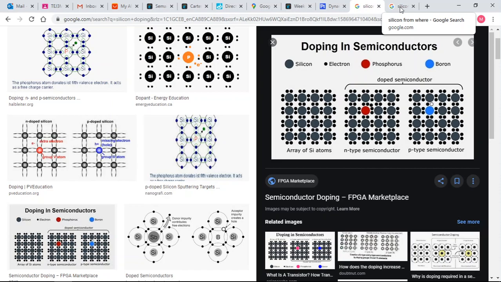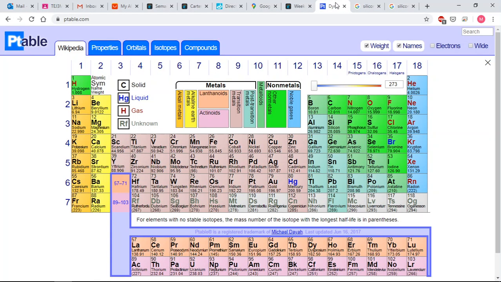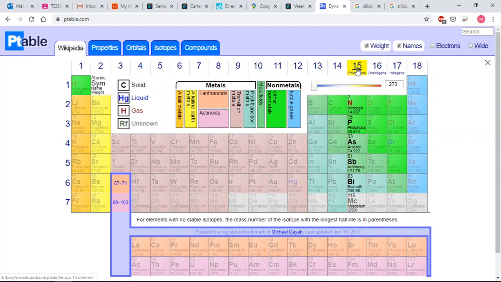We're going to do one of two things, and it's called doping. What does that imply? How do we dope? We're going to take either an element to the left of silicon, on column 13, or an element from column 15.